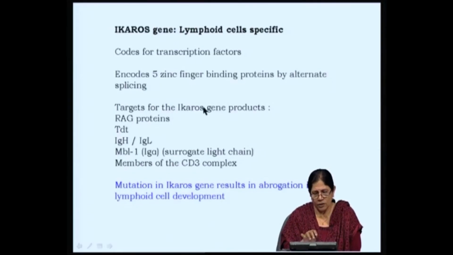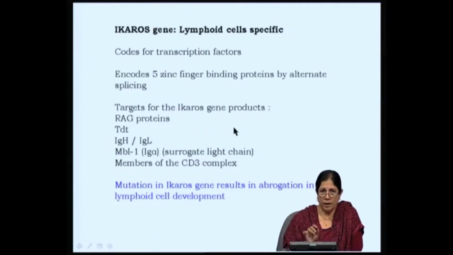Now, the targets for the Ikaros gene products are primarily RAG proteins 1 and 2, and terminal deoxynucleotidyl transferase. Remember, this enzyme adds N nucleotides to the cut ends of the hairpin structure that is formed once again by RAG proteins. The targets of Ikaros also include immunoglobulin heavy chain and light chain.